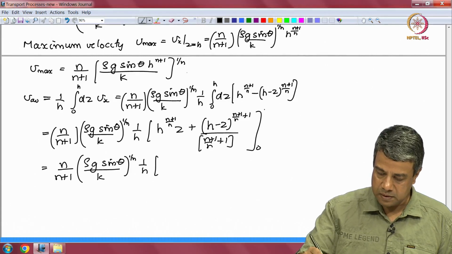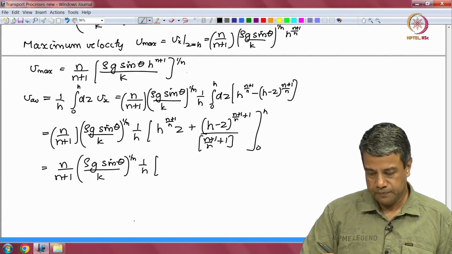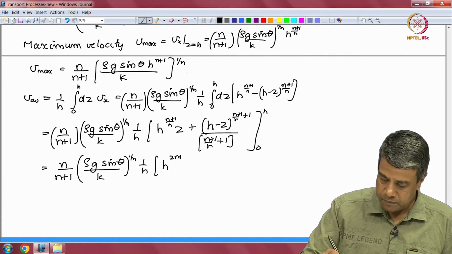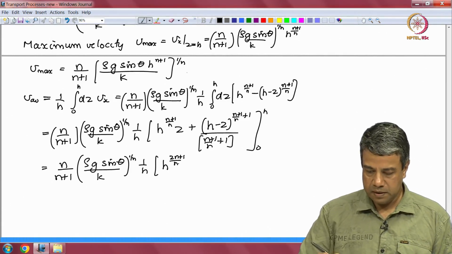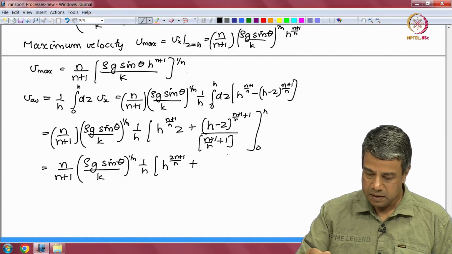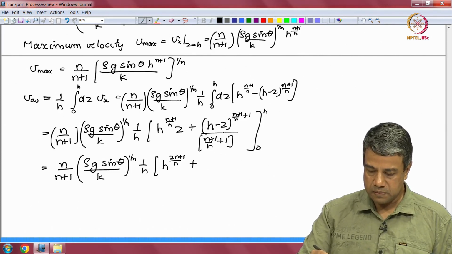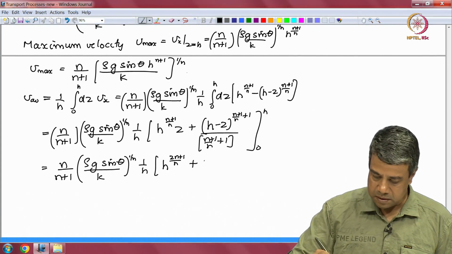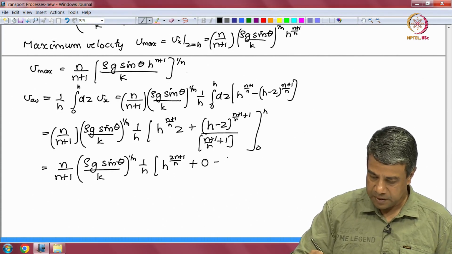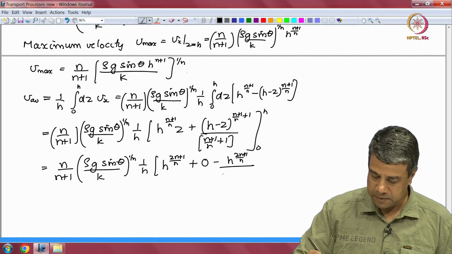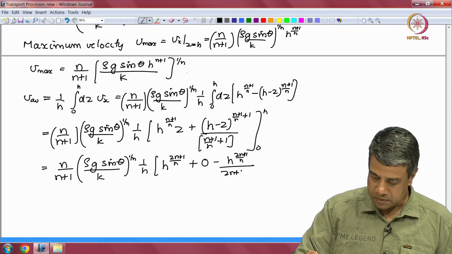This is between 0 and h. At h this is equal to 0, whereas at 0 this will be equal to minus h power (2n plus 1) by n divided by (2n plus 1) by n.